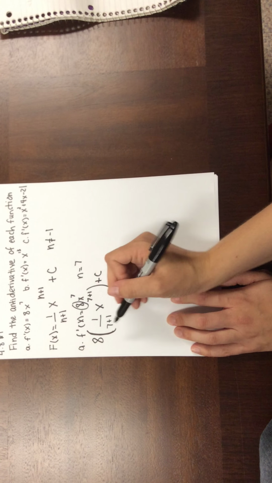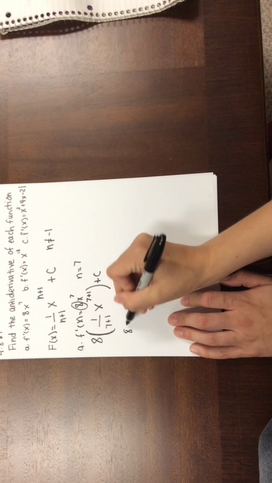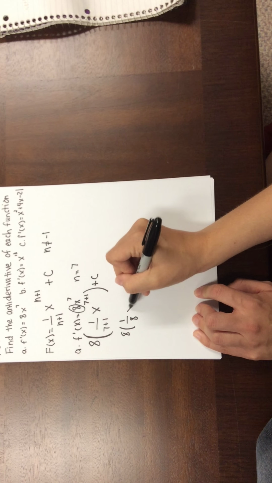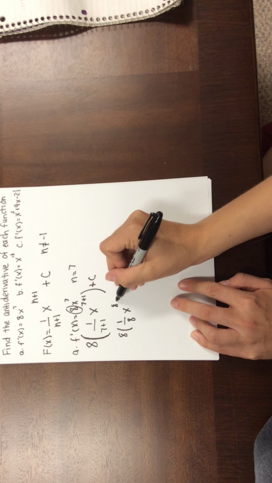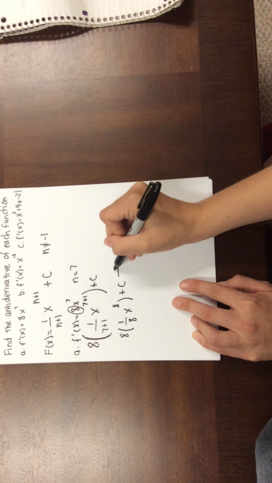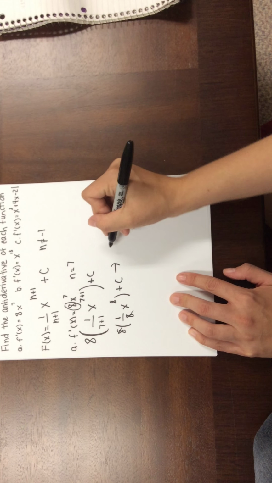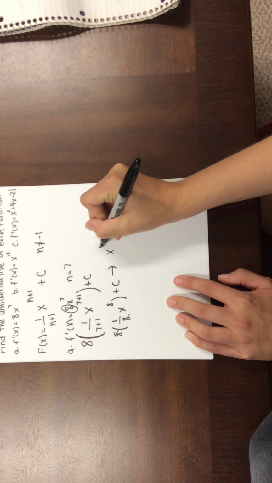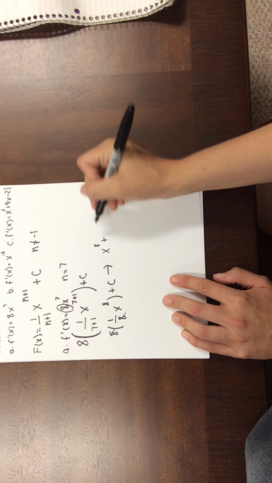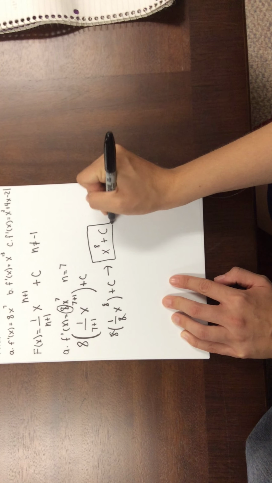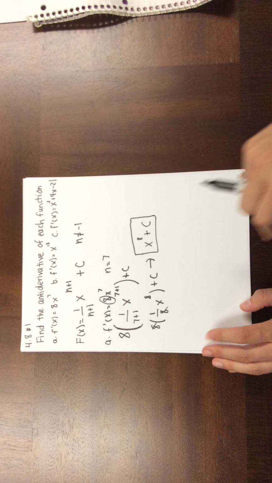And then we simplify that, we get 8 times 1 all over 8 x to the 8th plus c, which then we get, cancel those 8's out, and we are left with x to the 8th plus c. And that is the antiderivative of 8x to the 7th.